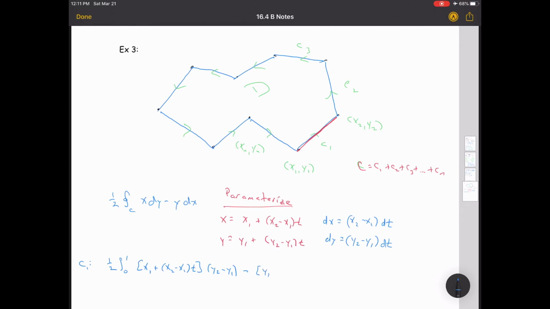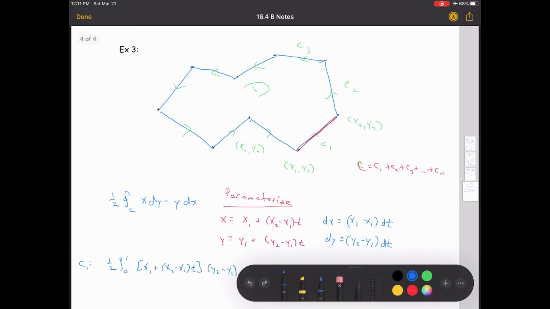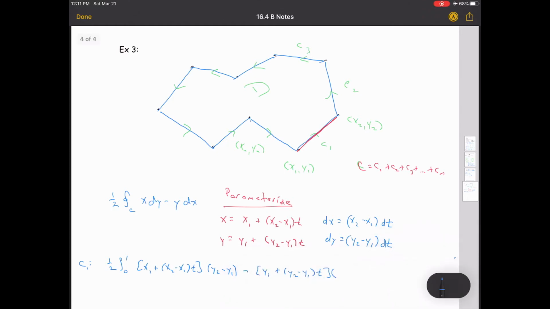Y is y1 plus y2 minus y1 times t times dx, which is x2 minus x1. And then the whole thing here is dt.